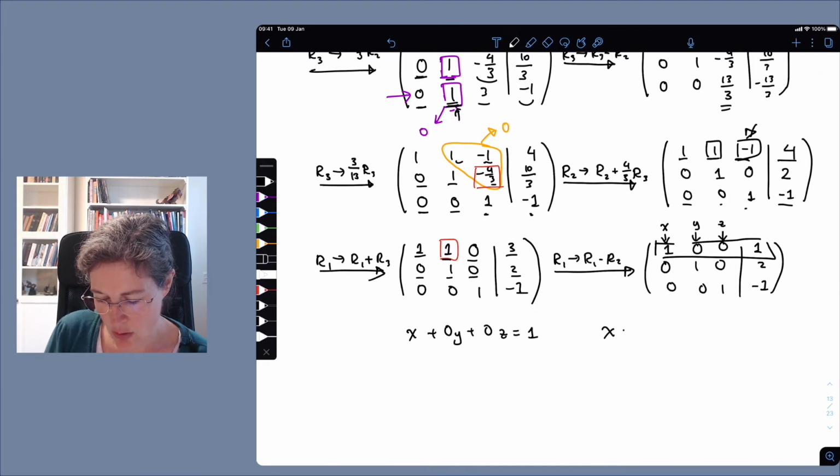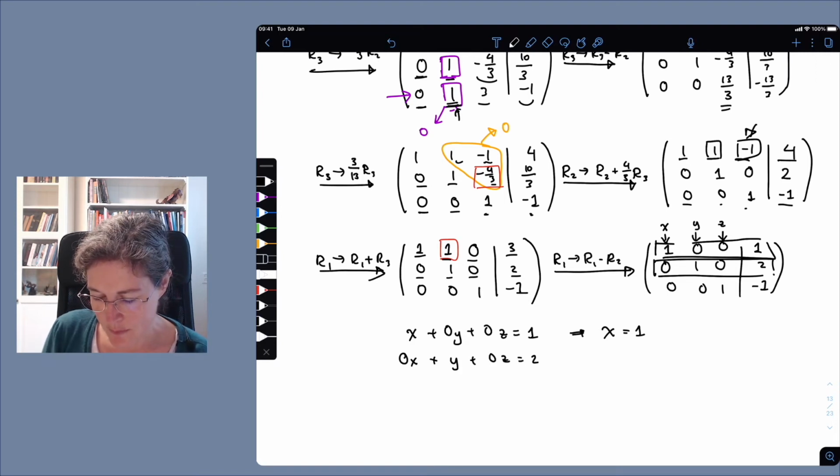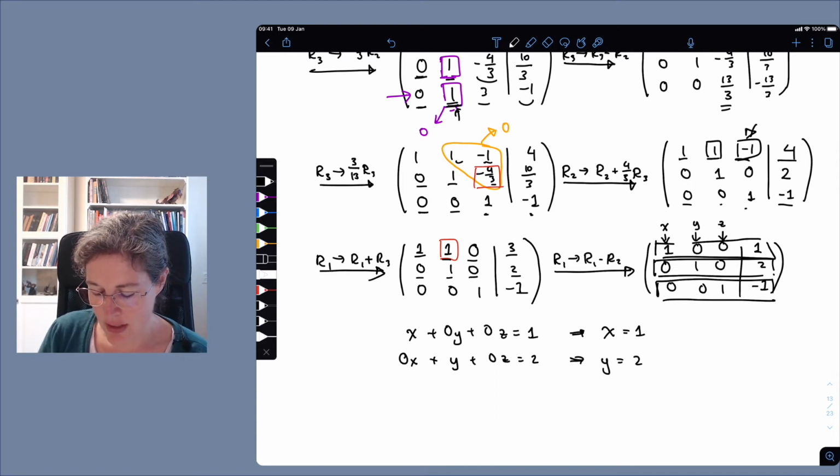So that gives us the solution x is equal to 1. This row over here really says no x's plus 1y plus no z's is equal to 2. So that gives us the solution y is equal to 2. And finally, we have this line here, which says that z is equal to minus 1.